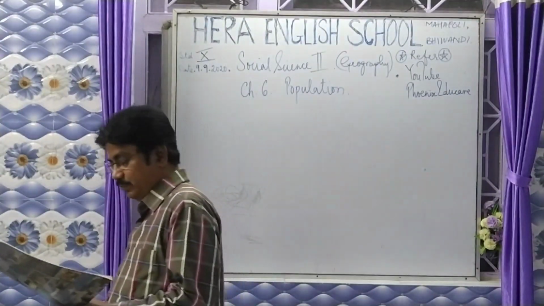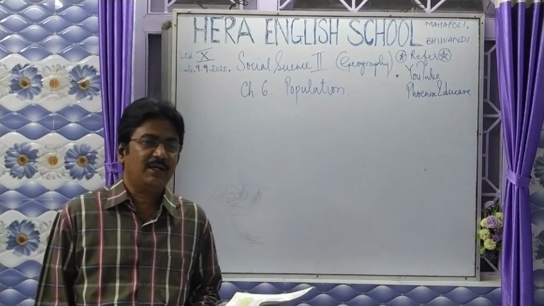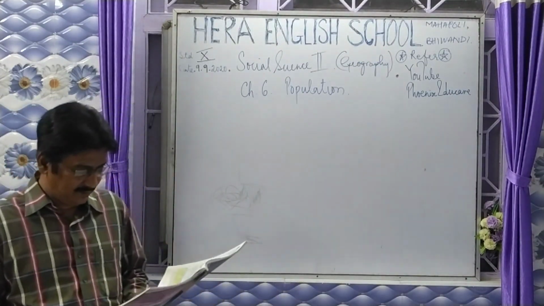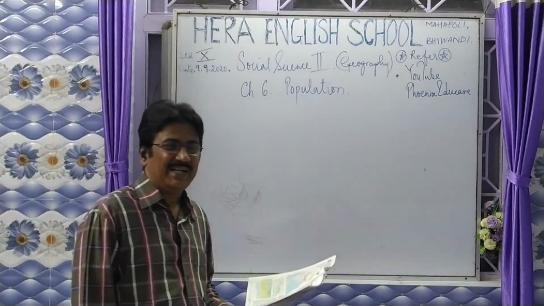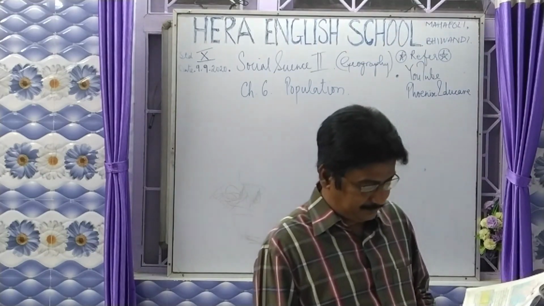India's population density is 382 per square kilometer, whereas Brazil has just 23 people living in 1 square kilometer area.